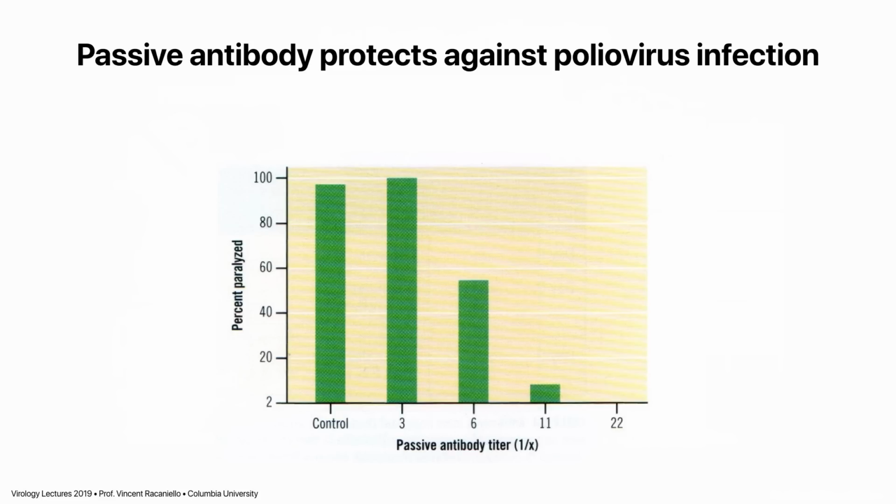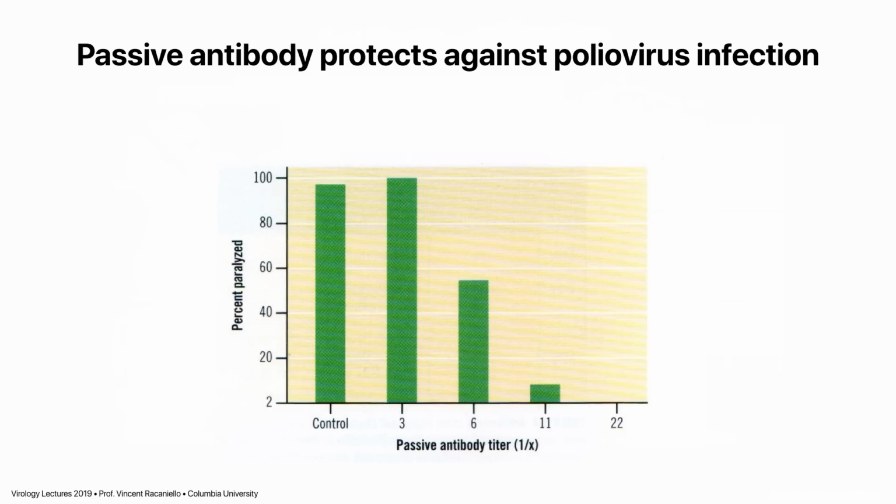And we're looking at percent paralysis. So this is poliovirus, which is paralyzing these experimental animals. They're probably monkeys. This is an old experiment, and that's all we had at the time. Our control group of animals get serum from a non-immunized animal. They're all paralyzed.